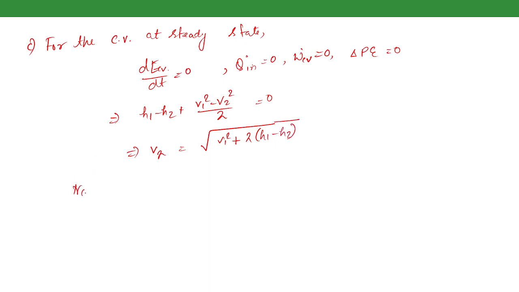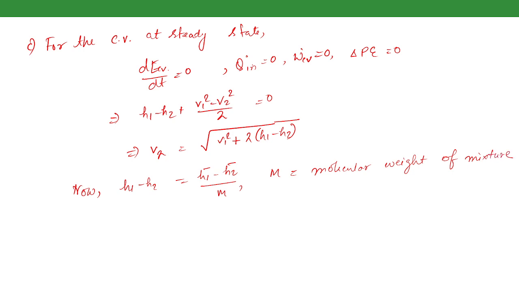Now h1 minus h2 will be equal to (h1 bar minus h2 bar) by M, where M is the molecular weight of the mixture. These are the specific molar enthalpy changes.